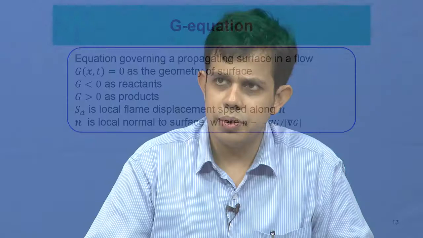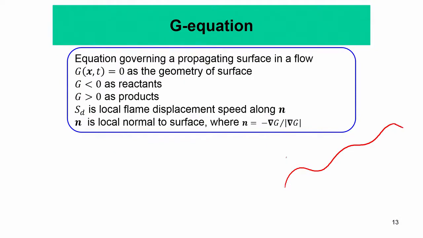As you know, a surface can be determined by a level set value. So if you have a surface like this, I say that this function g(x, y, z, t) determines the surface by g(x, y, z, t) equal to 0, or equal to any constant g0. But let us say we determine the surface as g(x, y, z, t) equal to 0.